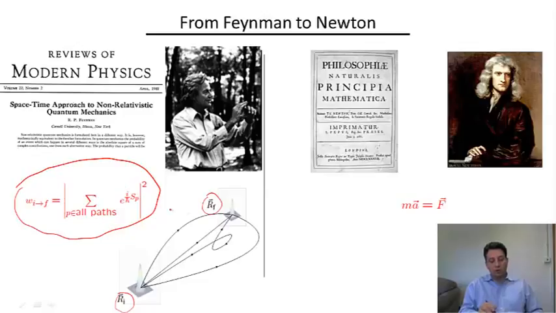And each of these amplitudes is written as the exponential of the imaginary constant i times the classical action divided by the Planck constant. And surprisingly, what we're going to see is that the familiar equations of motion of classical physics, Newton's second law, appear as a result of taking the classical limit in this expression.